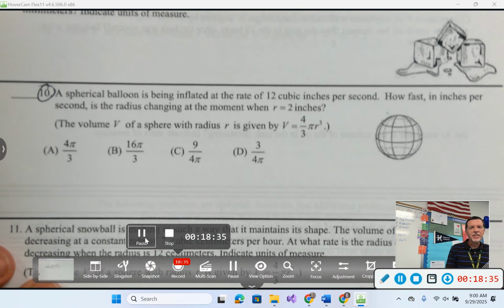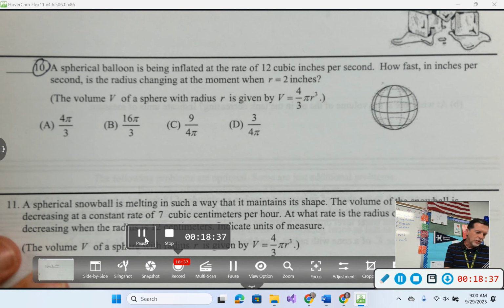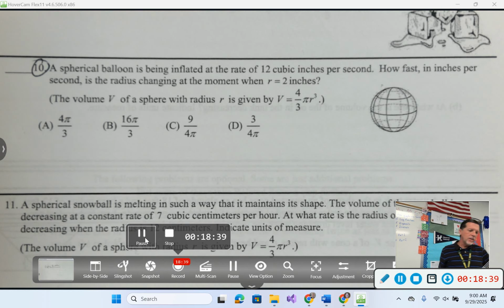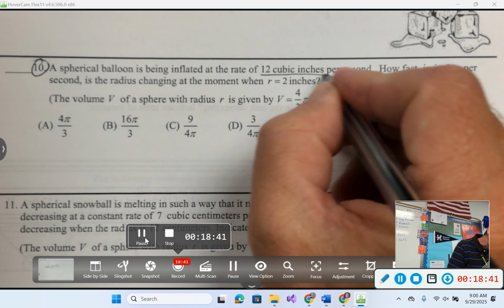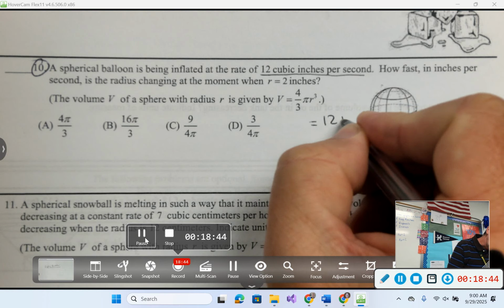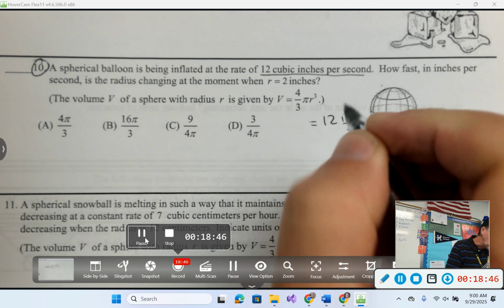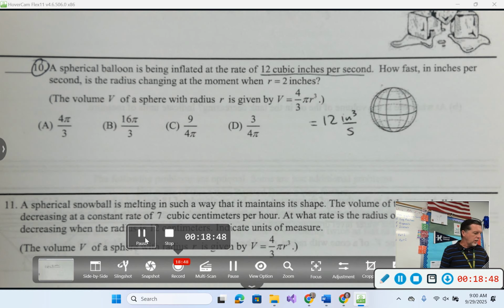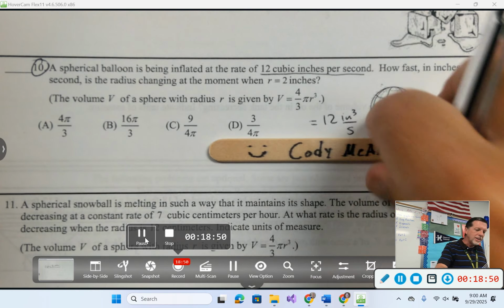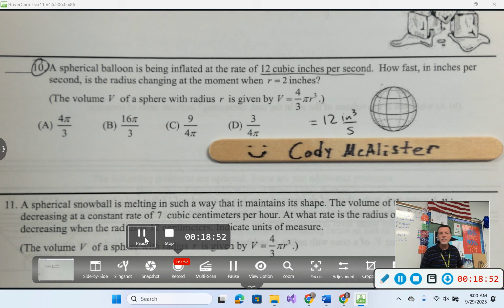10 it is. A spherical balloon is being inflated at a rate of 12 cubic inches per second. So even before I go any further, Cody, what did it just tell me? What exactly is 12 inches cubed per second?